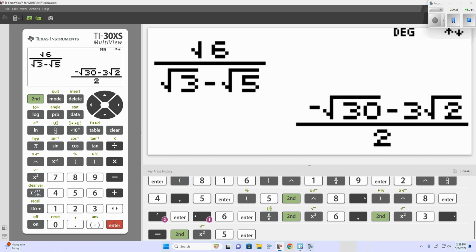The graphing calculator will give you a decimal. You have to have these in radical form, not decimal form. Any other questions on 21 through 24? Are we good with 21 through 24? Yes.